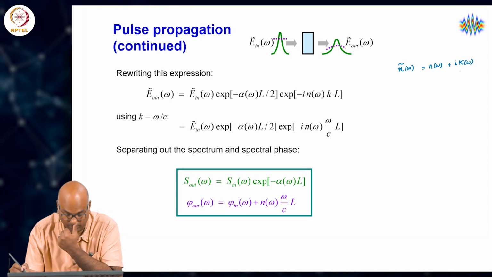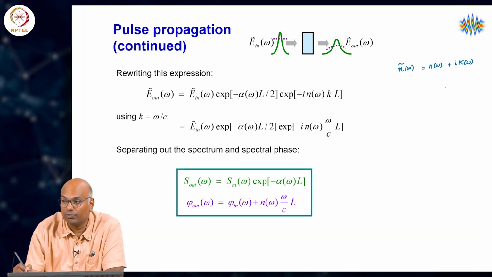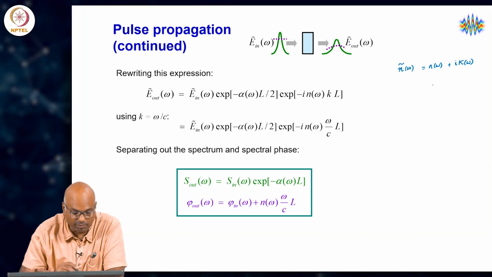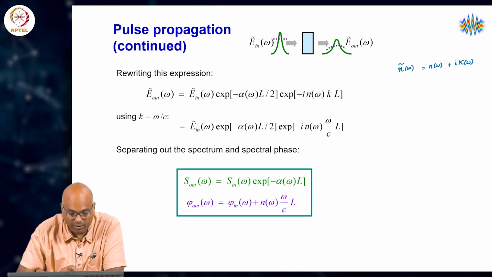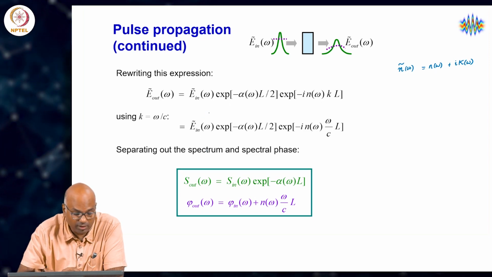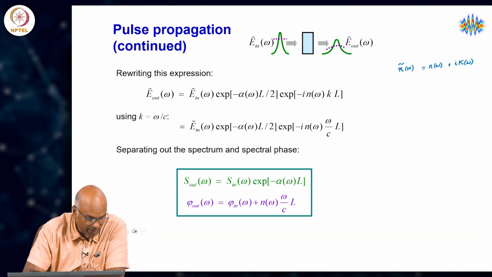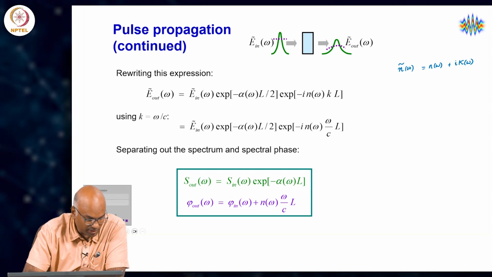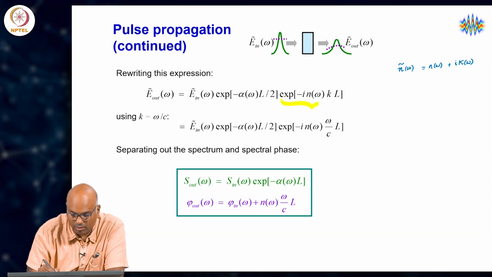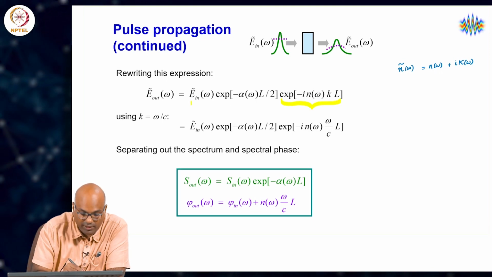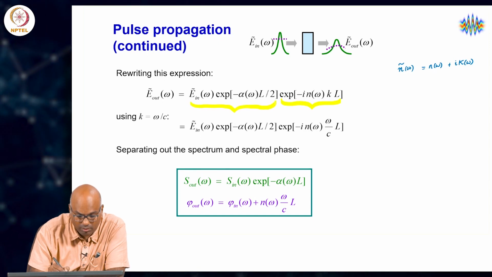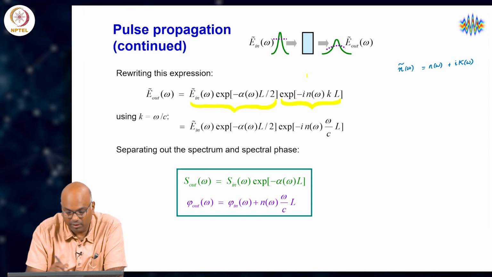Kappa is related to the absorbance of the medium, both of which are frequency dependent. And we have here, after writing this expression out so that we separate the phase versus the amplitude terms, this is the phase term, and this is the intensity term. Okay.